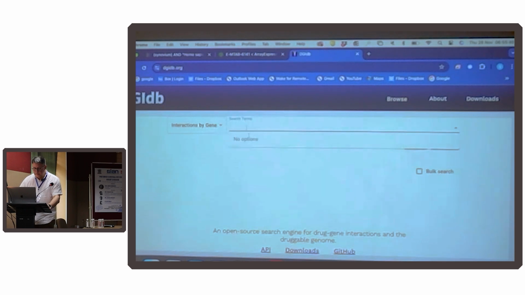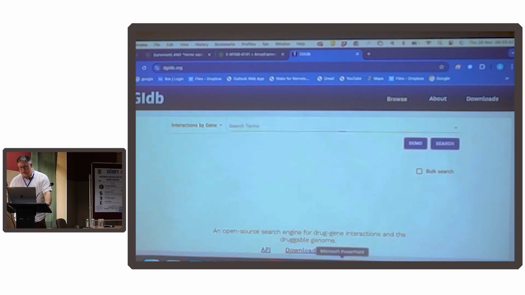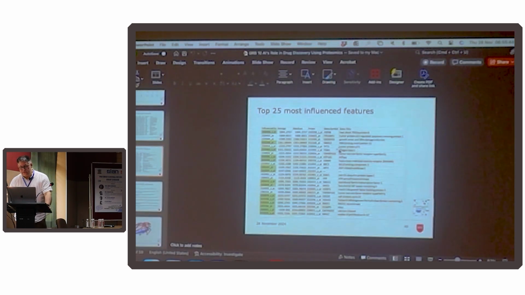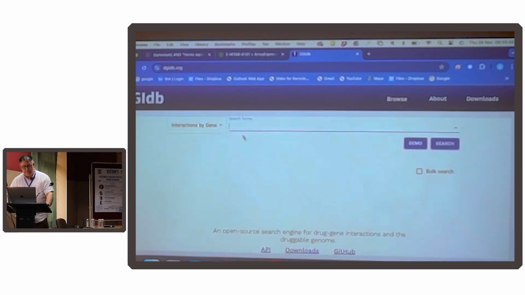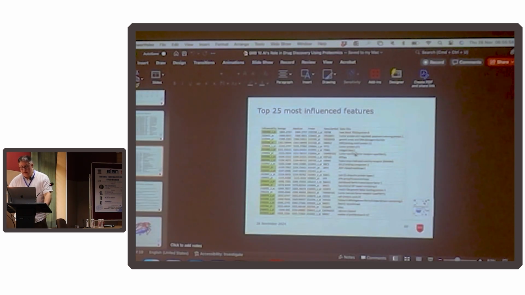So let's pick some things from this list. Let's say GADD45B, that's a starting one. And then let's pick another one, TP53AIP1.